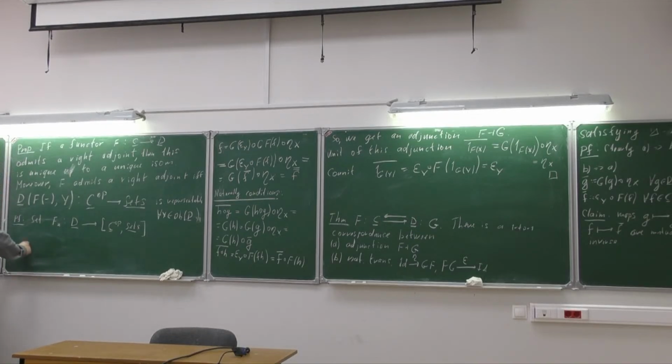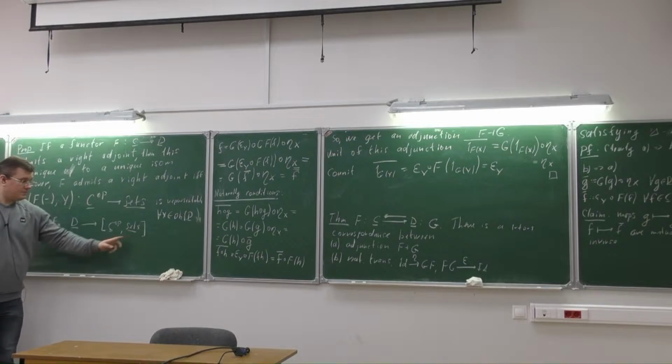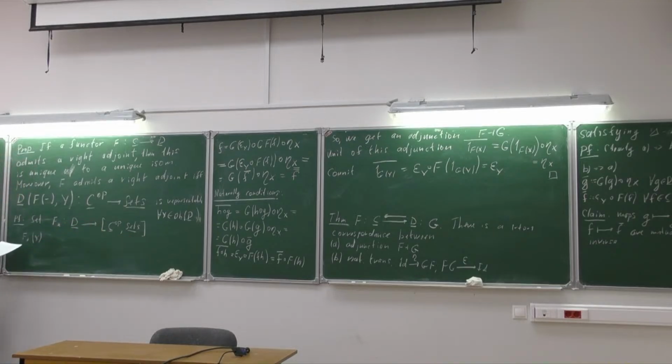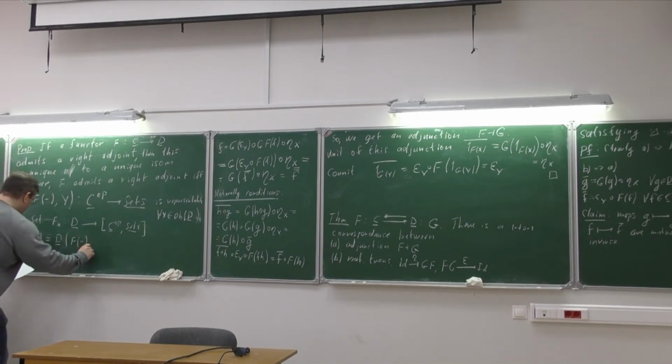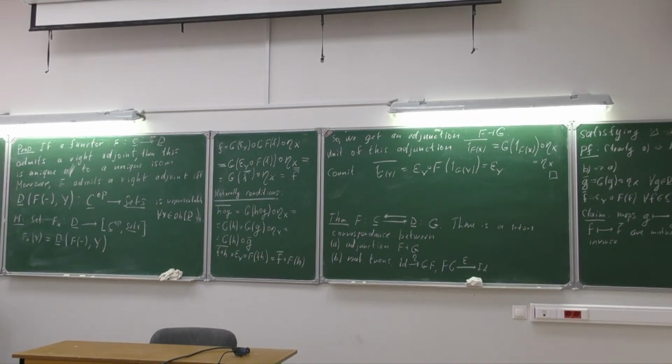So here f with a lower star on an object, right? If I claim that I need such functor, I'm supposed to take an object in the category D, plug in this object into f lower star and get a contravariant functor on C that takes values in the sets. So by definition, this will be D f blank y, right? Clearly, this is a functor. It's very easy to check.